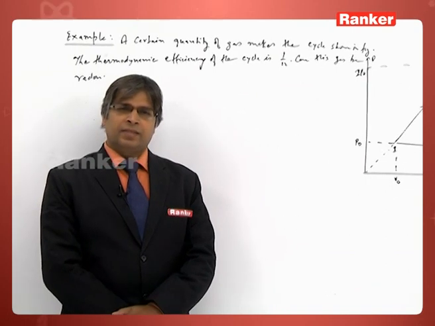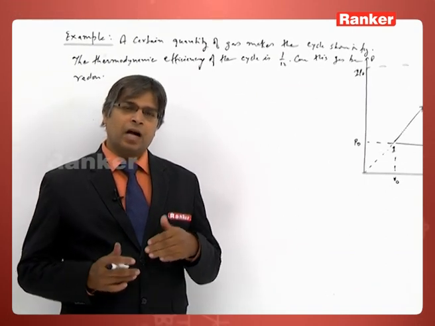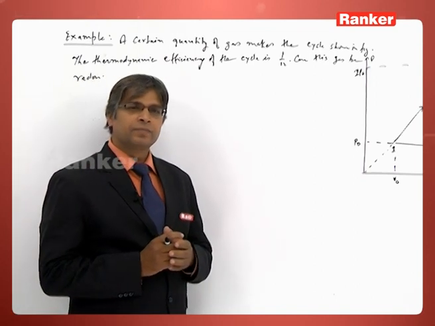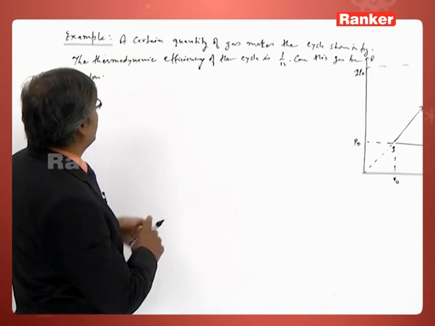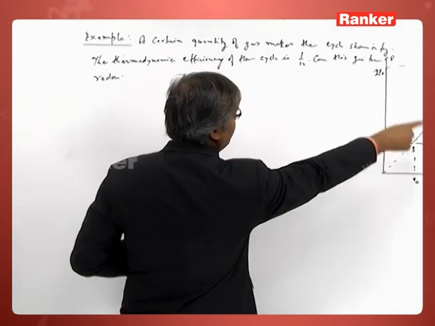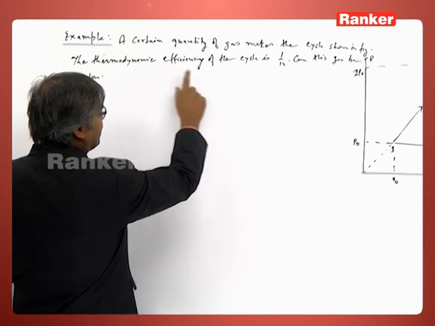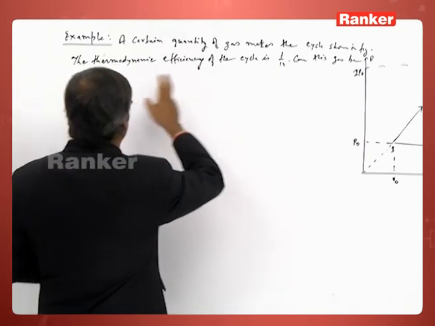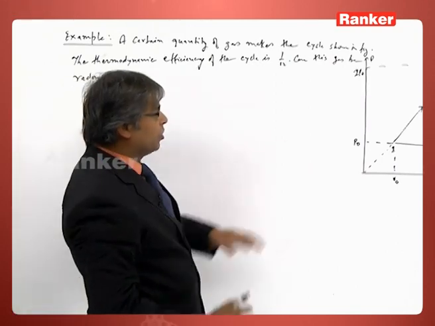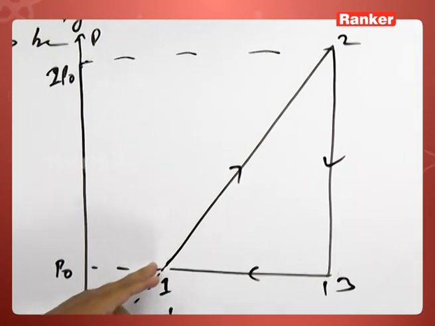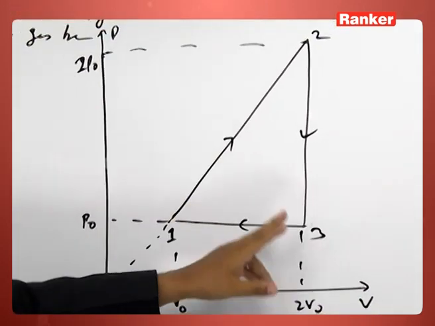Now let us take an example to see how to calculate the efficiency in a thermodynamic cycle. A certain quantity of gas makes the cycle shown in the figure. The thermodynamic efficiency of the cycle is 1 by 12. Can this gas be radon? So in the PV diagram, it is shown this cycle 1 to 2, 2 to 3 and 3 to 1.